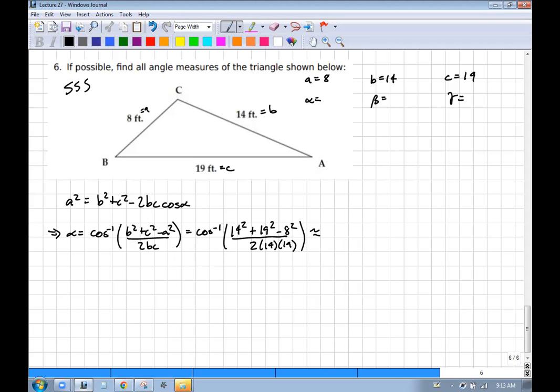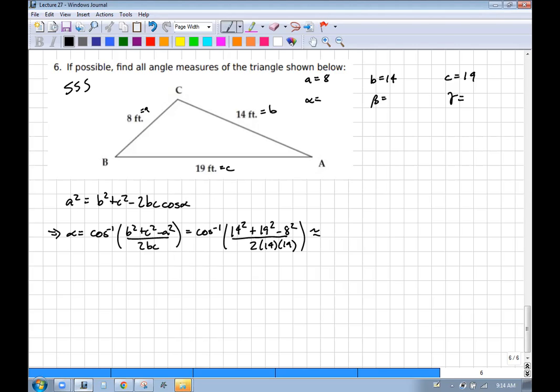Arc cosine of 14 squared plus 19 squared minus 8 squared, divided by 2 times 14 times 19, and then convert to degrees.